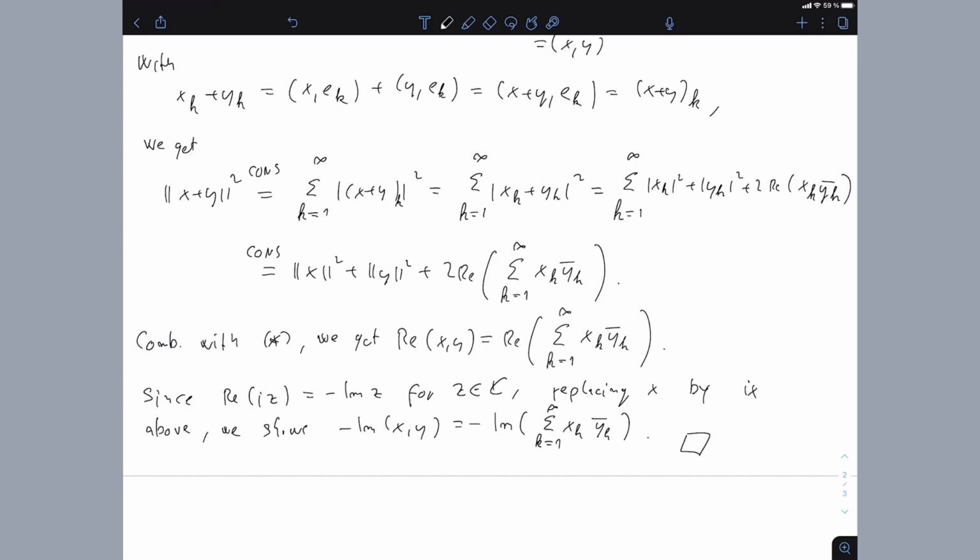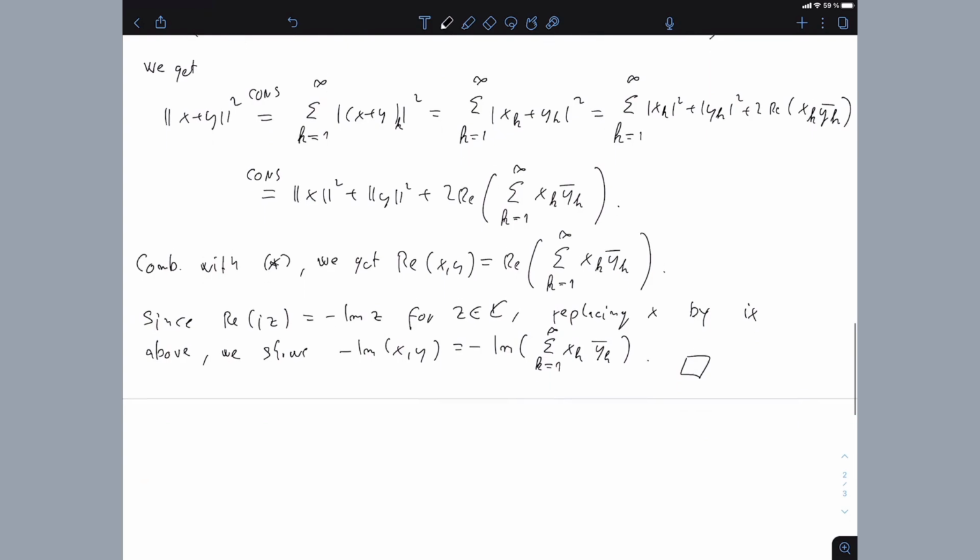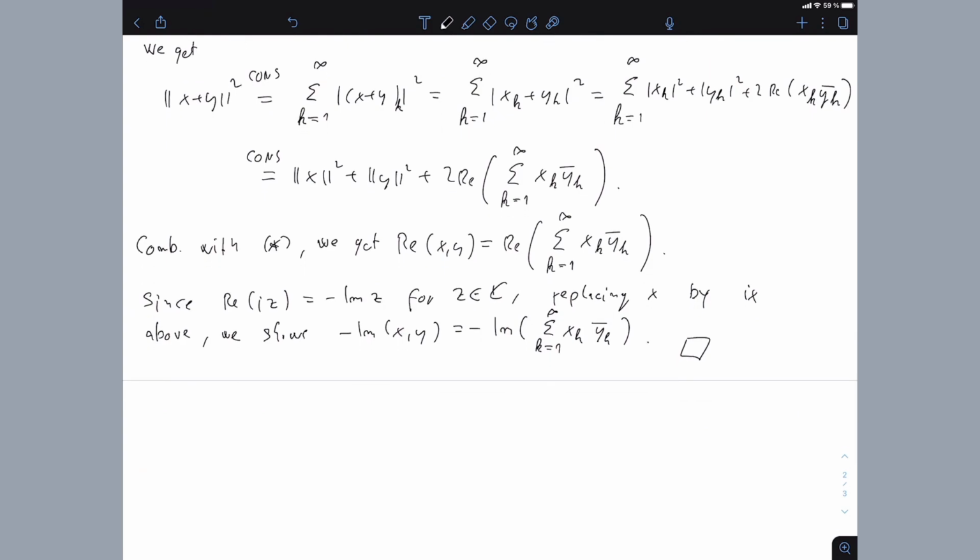And as announced, this concludes this general part that is just working in abstract pre-Hilbert spaces. And we come now back to our problem of computing the Fourier transform on an actual image, where images are given on bounded domains, not on all of R^D.